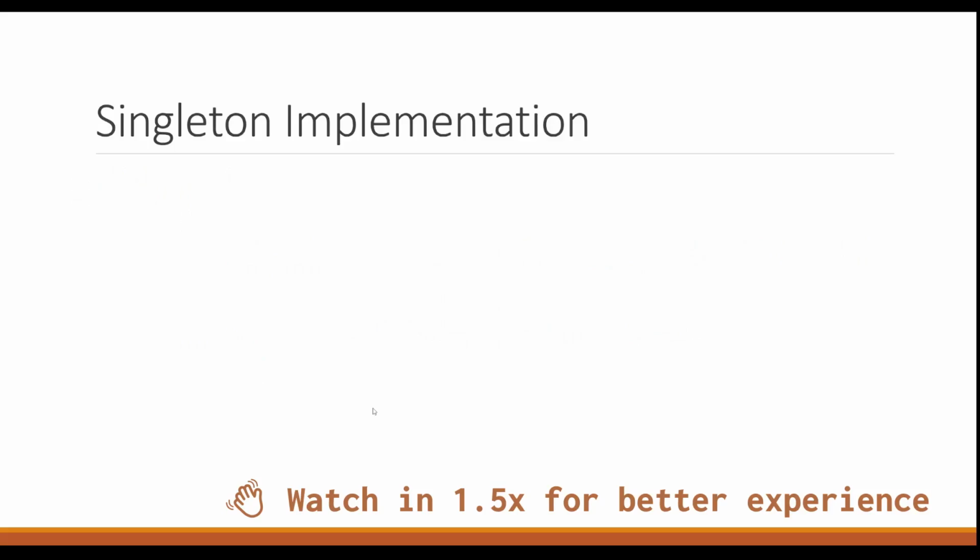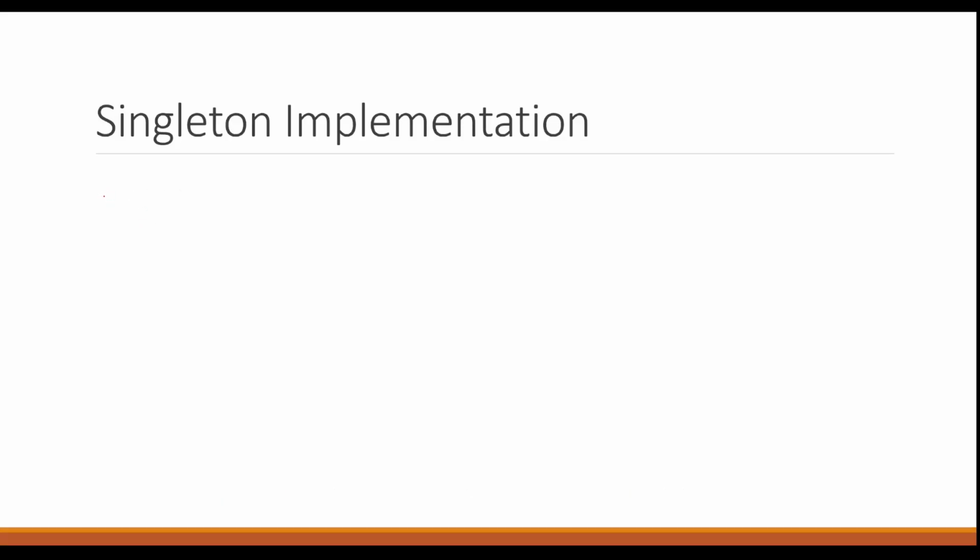Okay, now let's go ahead and try out a code example of how you create a singleton. So singleton is not a special implementation. Any class that you have can be converted into a singleton, given that that class is not instantiated with constructor arguments.